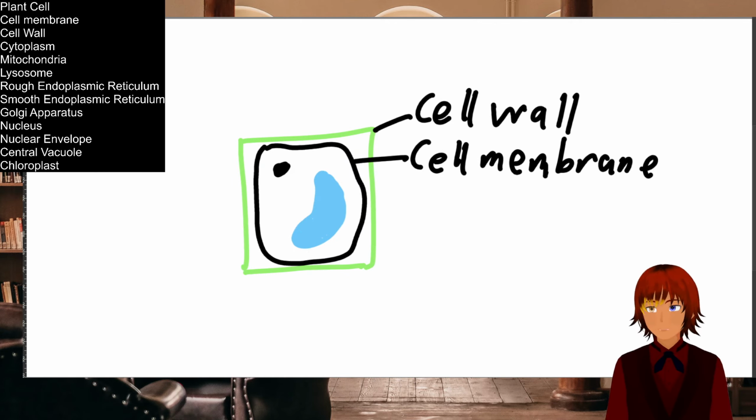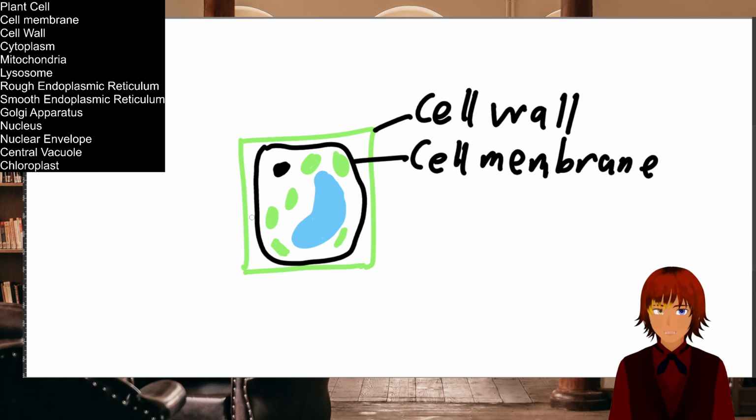What else is there? The other important part for a plant is the fact that it has chloroplasts. You can probably tell from the name what the purpose of those chloroplasts are. So they're green, like actually green, and they're used for photosynthesis.